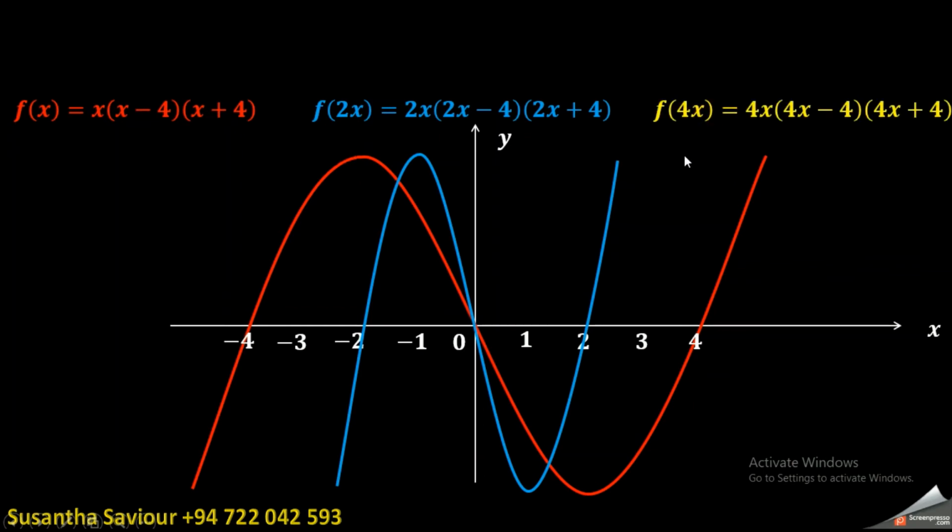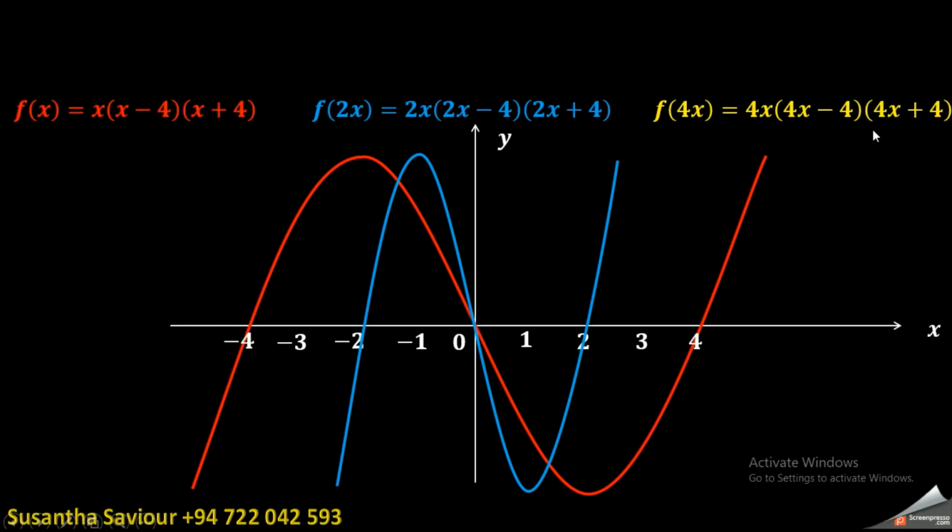Now this is f(4x). f(4x) means what? Each and every x in this original will be multiplied by 4. So f(4x), this will be 4x, this will be 4x minus 4, this will be 4x plus 4.